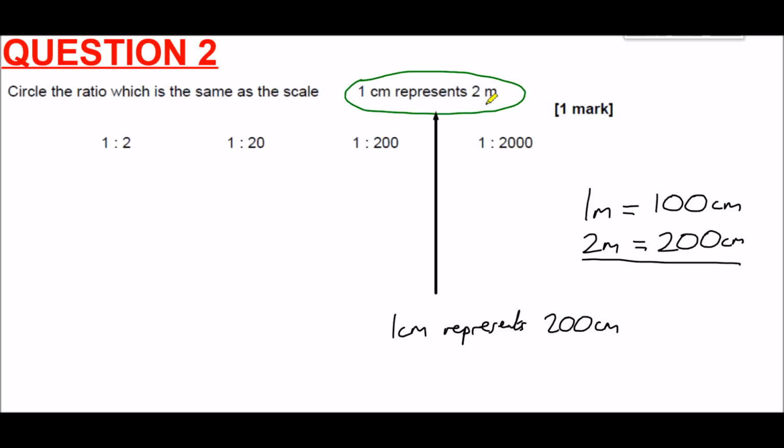And we can do that because we've just worked out that 2 metres is the same as 200 centimetres. So that becomes much easier. 1 centimetre on the map, or whatever it might be, is the same as 200 centimetres in the other conversion. So this is going to be a 1 to 200, because the thing on the right hand side is 200 times bigger than the thing on the left hand side.